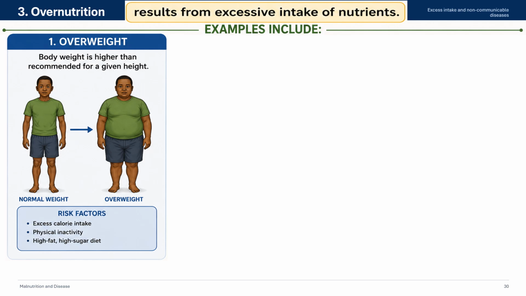Overweight occurs when the body weight is higher than the recommended for a given height. It is generally associated with some risk factors such as excessive calorie intake, physical inactivity, high fat or high sugar diets, and so on.